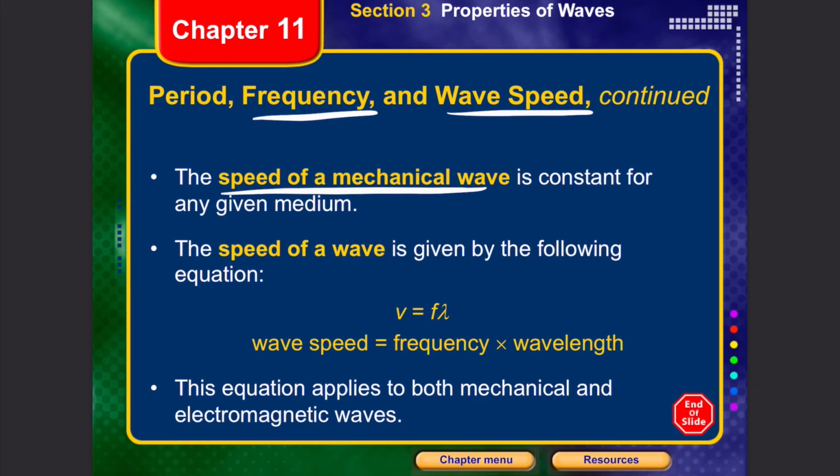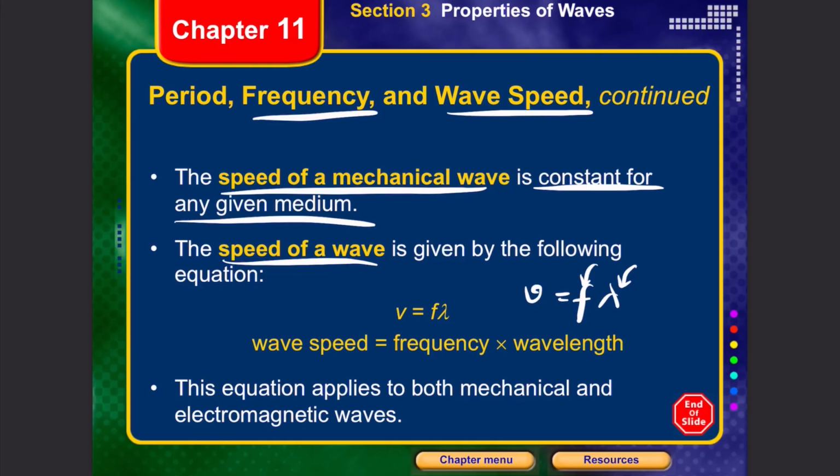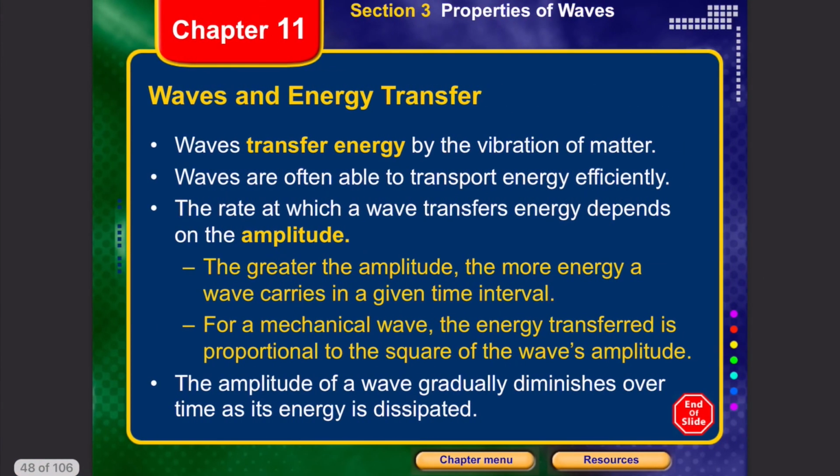The speed of a mechanical wave is constant for any given medium, and it is given by the equation V equals F lambda, where F represents the frequency, lambda represents the wavelength, and V represents the wave speed. This equation applies to both mechanical and electromagnetic waves.